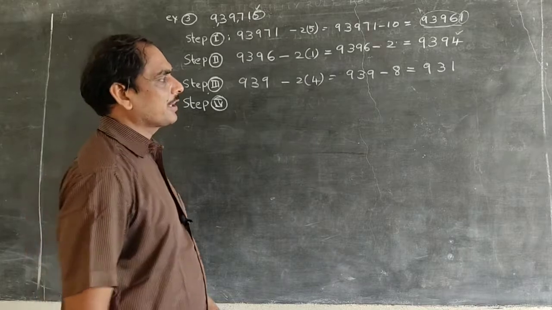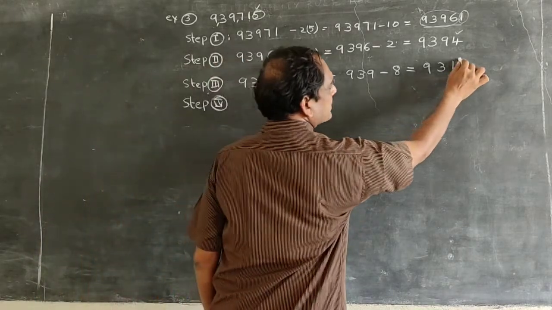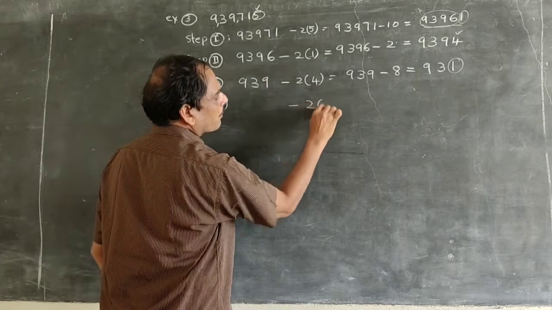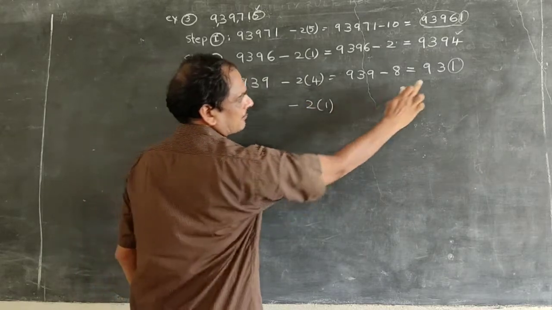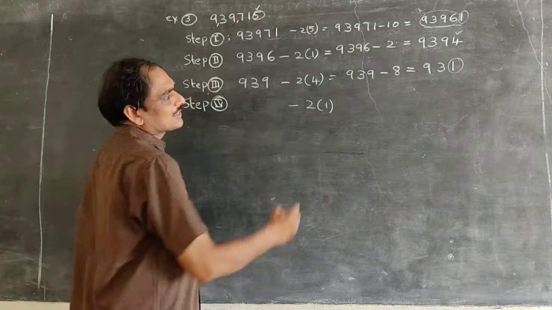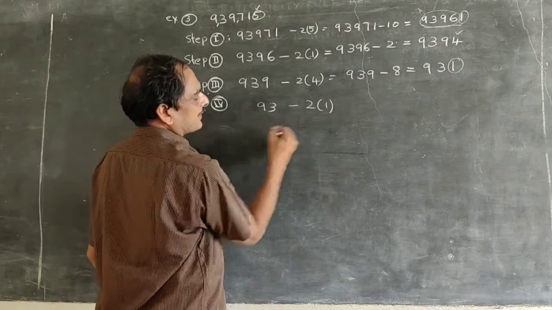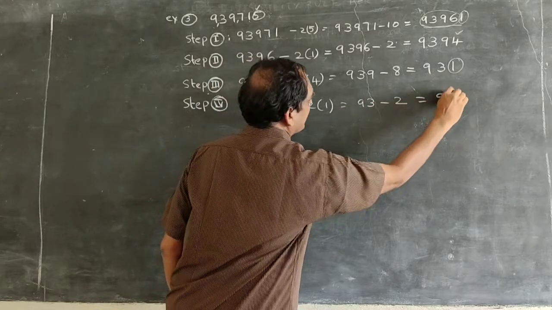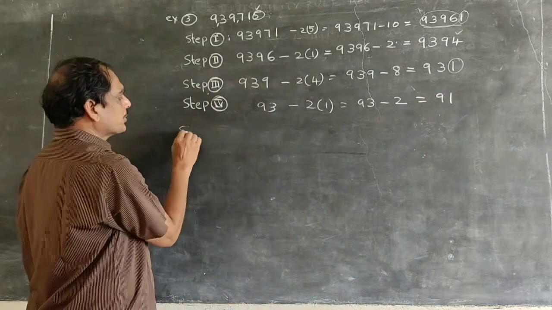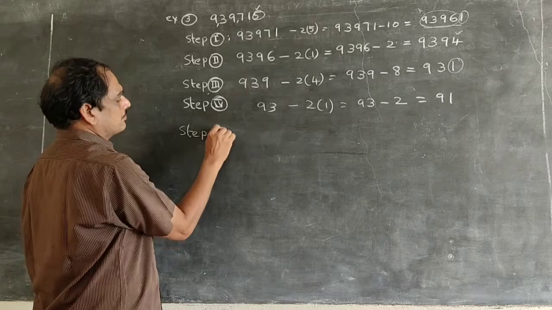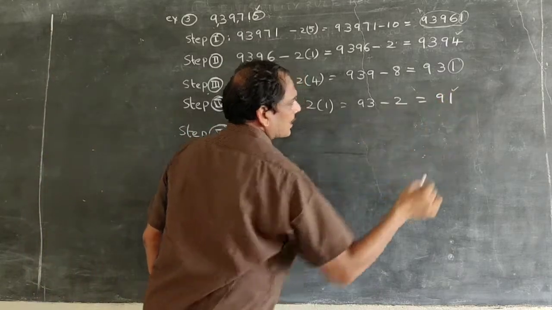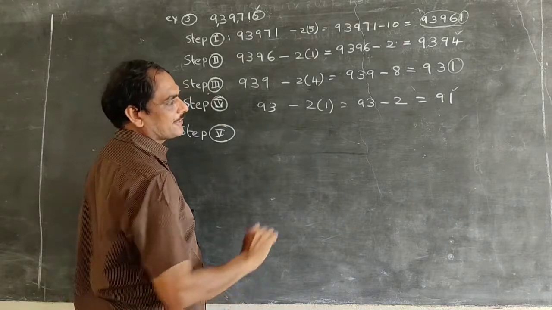In 931, the unit place digit is 1. So we multiply 1 by 2 and subtract it from the rest of the digits, that is 93. That is equal to 93 minus 2, 91. Next we go to step 5. In this number 91, the unit place digit is 1.